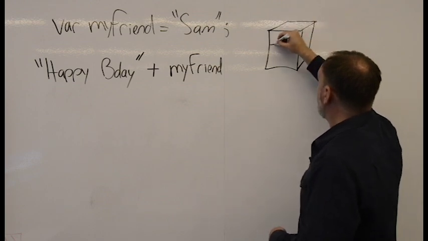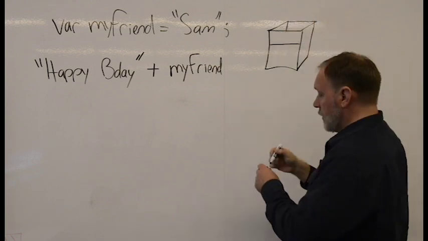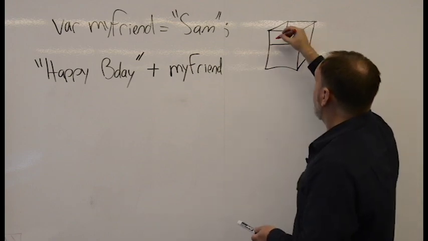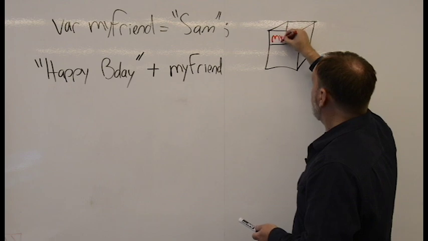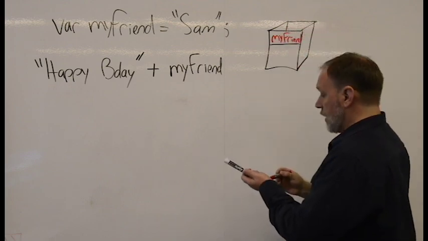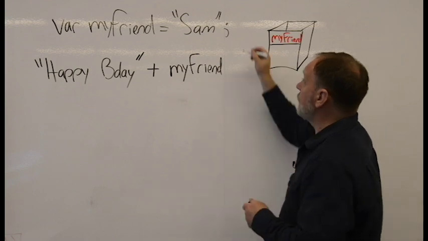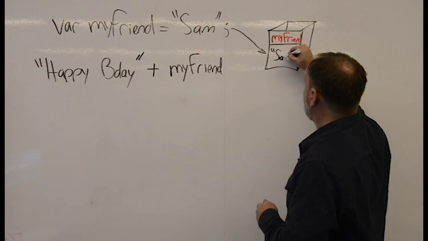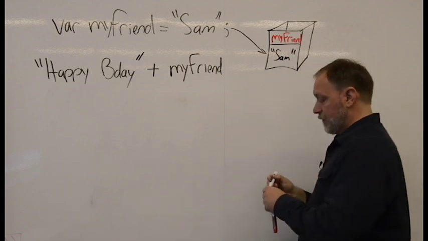So when you declare the variable, the program will create a box to store the value in. And it'll use the name of your variable as the label for that box. Variable my friend. So when that's created, we're going to store the value inside of it. In this case, it's a string of text Sam.